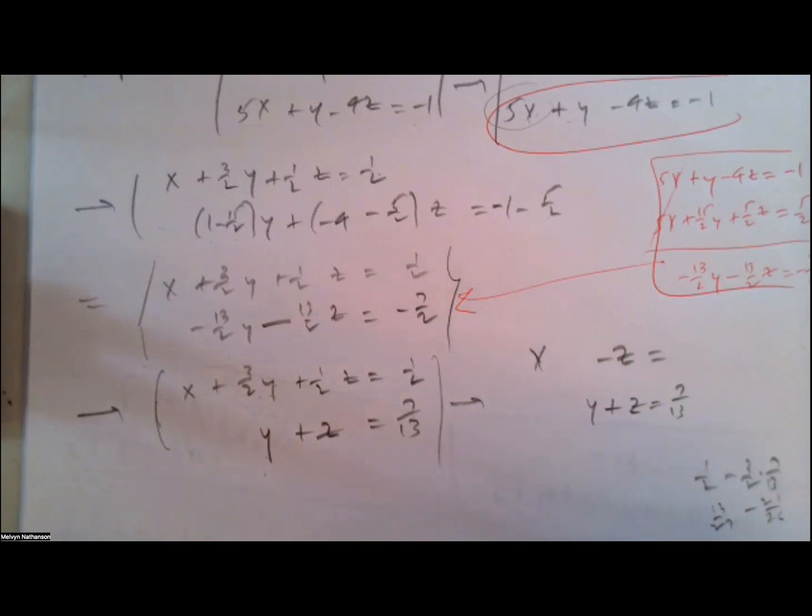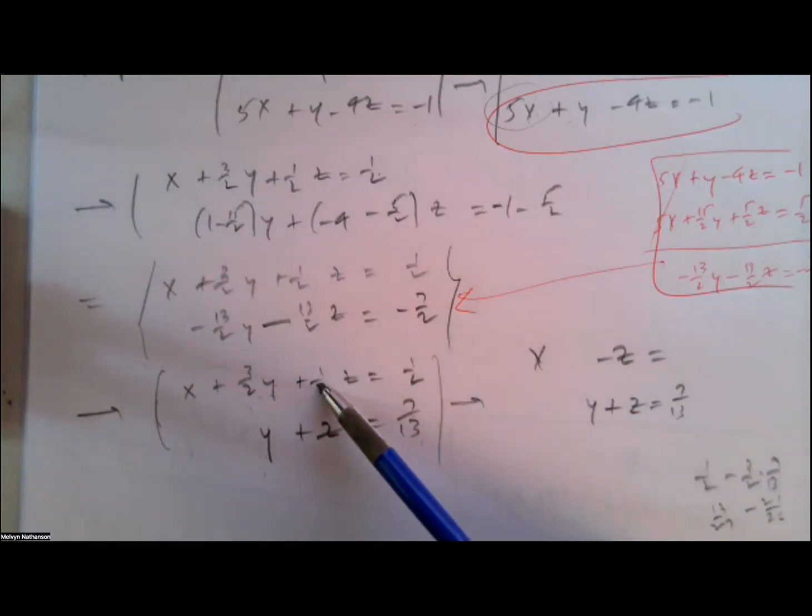Let me make sure I do my arithmetic correctly. I have x plus 3/2 y plus 1/2 z equals 1/2, and y plus z equals 7/13. So I take minus 3/2 the second equation plus the first, so I eliminate the y.